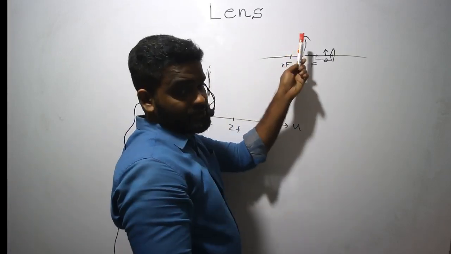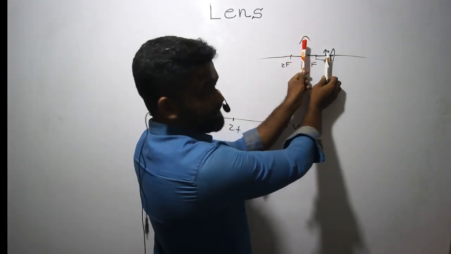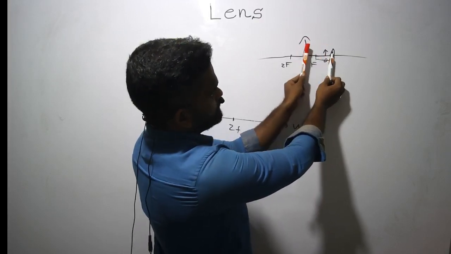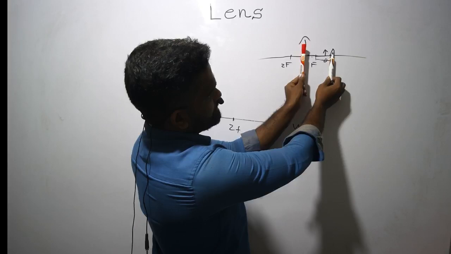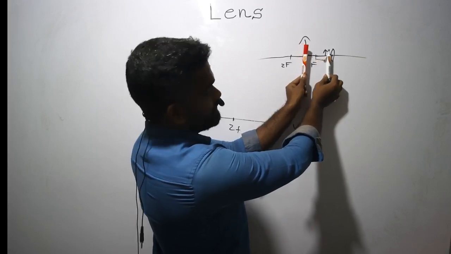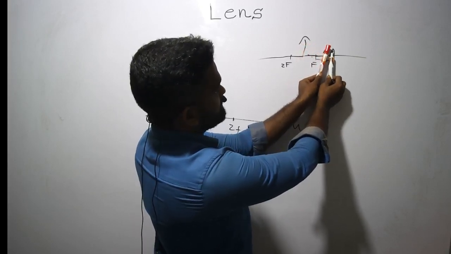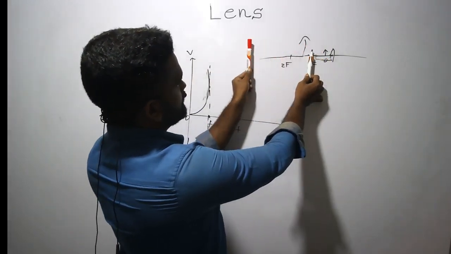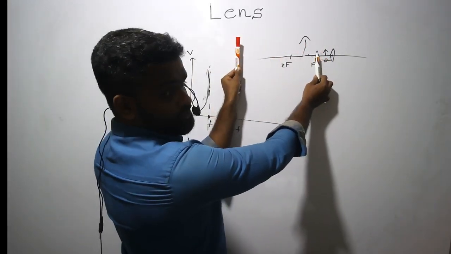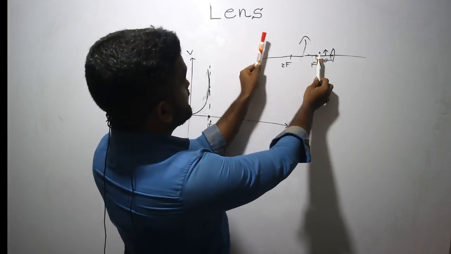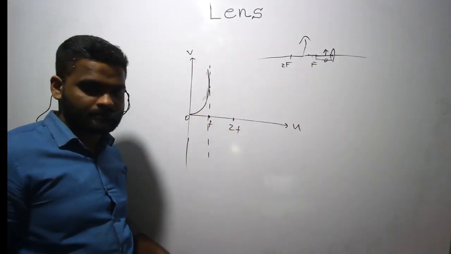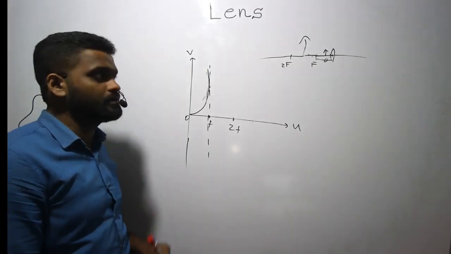Let's say this is the image, this is the object. When you move it, the image also moves. And when the object is at f, the image is at infinity, right? Okay.